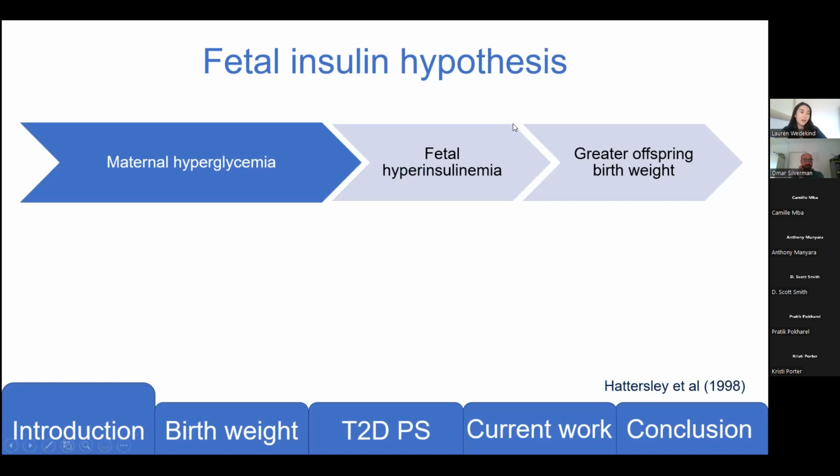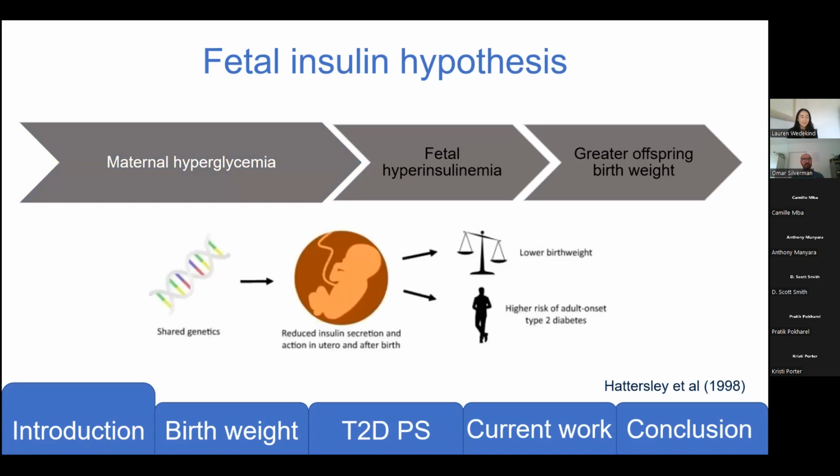So the fetus is actually potentially secreting a bunch of extra insulin. And because insulin is a growth factor, a trophic factor, that can cause the fetus itself to grow excessively and then lead to a greater offspring birth weight. So that's this mechanism, the fetal insulin hypothesis.